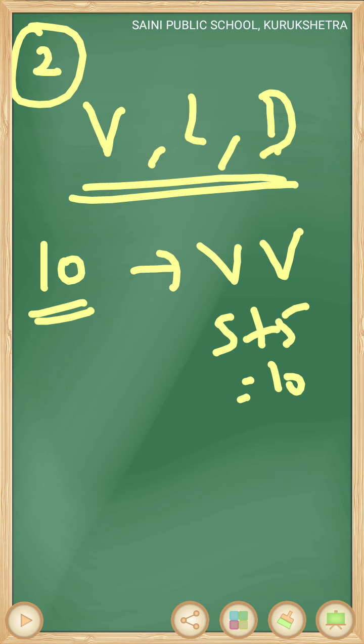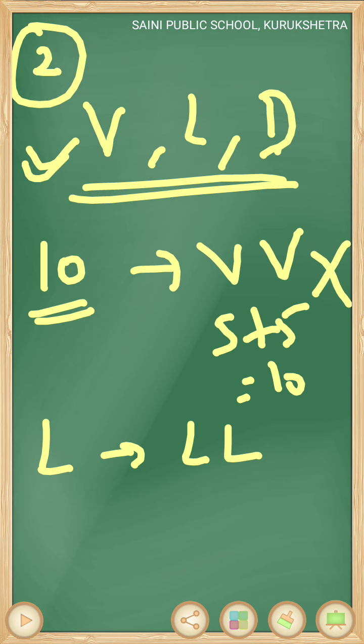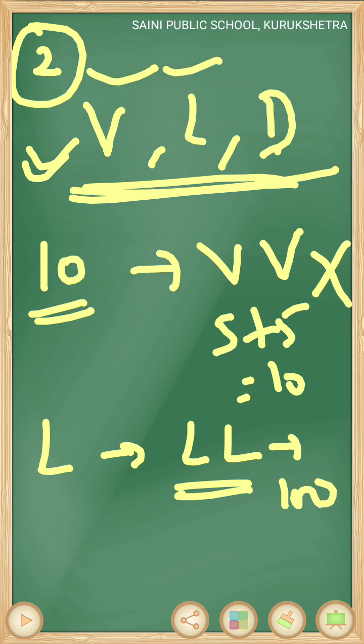This is wrong because we can't write V 2 times. Similarly, I can't write L 2 times. For example, if I want to write 100, I can't write 50 plus 50. So the second rule says that V, L, D can't be repeated.